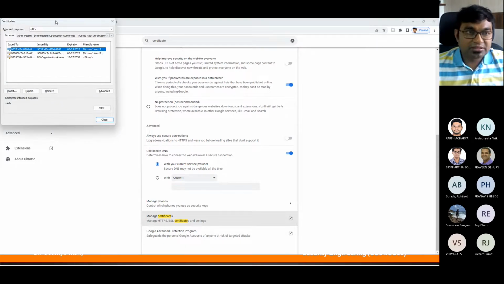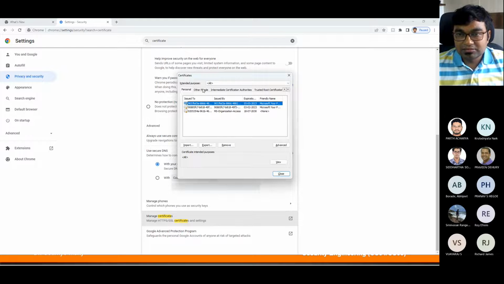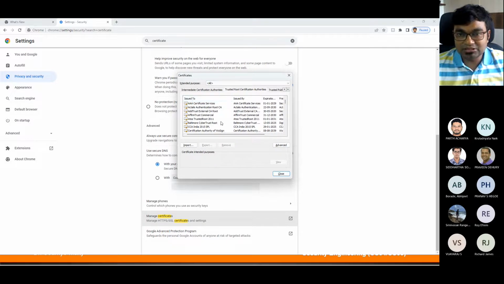If you come here, you'll see these are the trusted root certificates. So many different root certificates are already installed here. It's too many actually. We should not have so many, but anyway, they are already installed. CCA India is there, certifying authority, etc. Entrust is a famous certifying authority. Microsoft is there. GoDaddy Global, and so on. So many different root certifying authorities are installed in this browser.